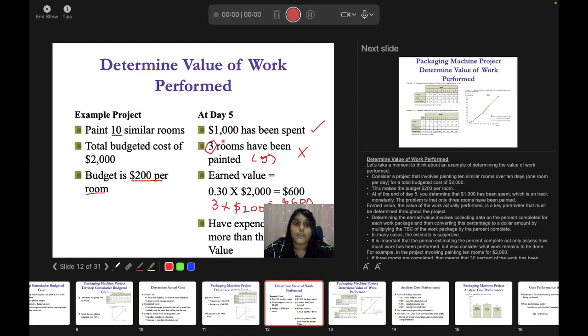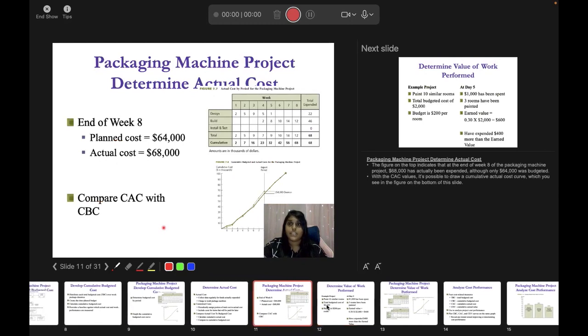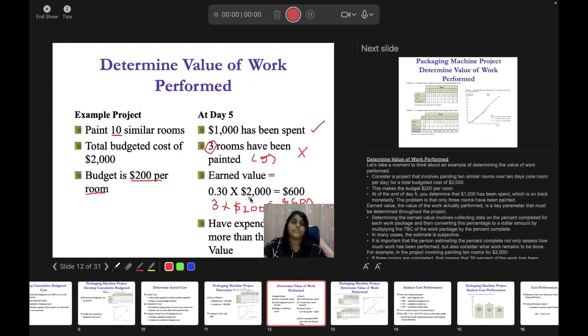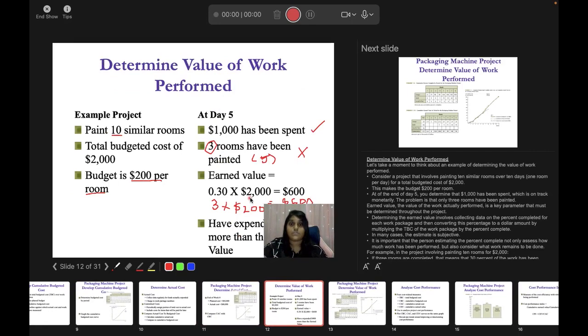If you have only painted 3 rooms at day 5, that means you are not productive, and you are also going over the budget. You are only supposed to use 600, but you have gone over the budget by 400. That means you have expended more than the earned value. You have expended $400 more than your earned value, right?